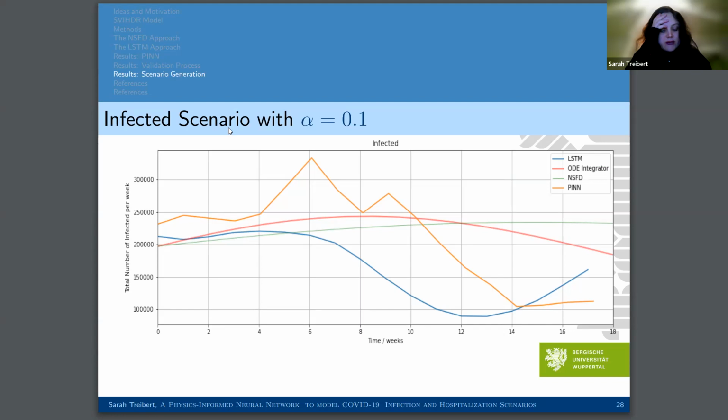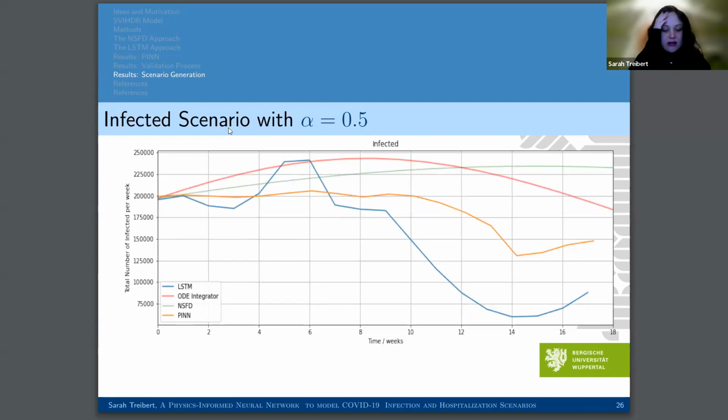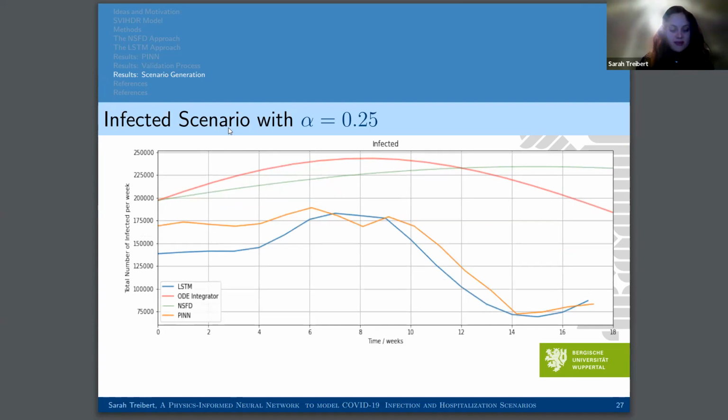Yeah, the PINN and the LSTM also display similar decreases in terms of the point in time when the decline starts, which is around the 9th observed week. And the local minimum is less than 10,000 in this case here.